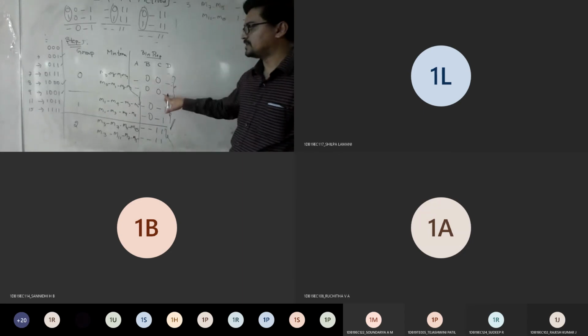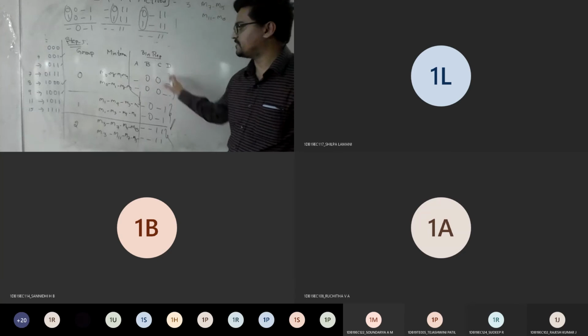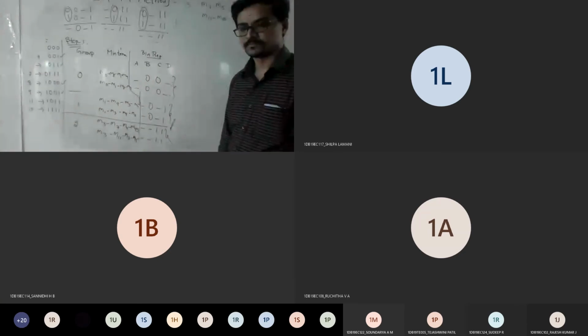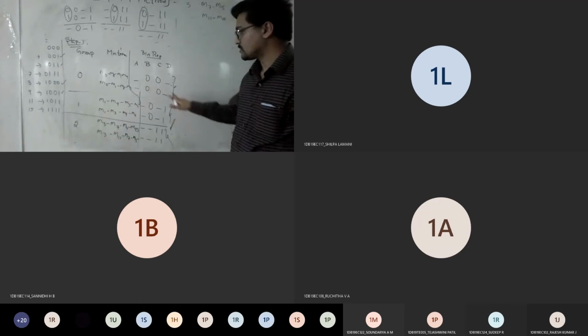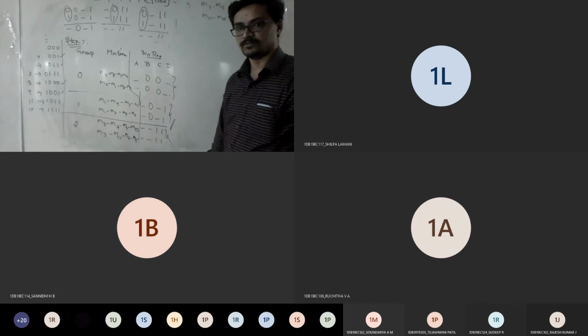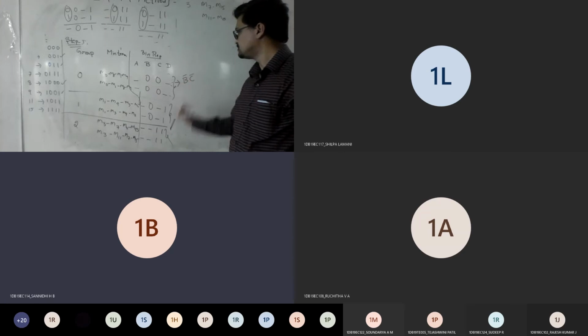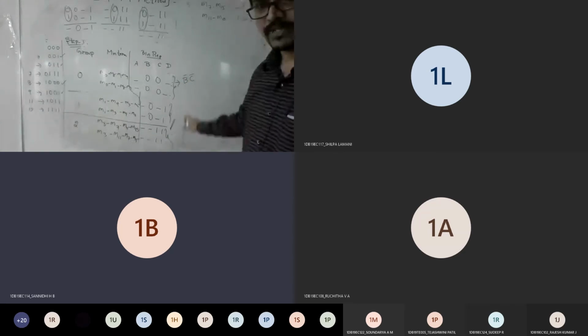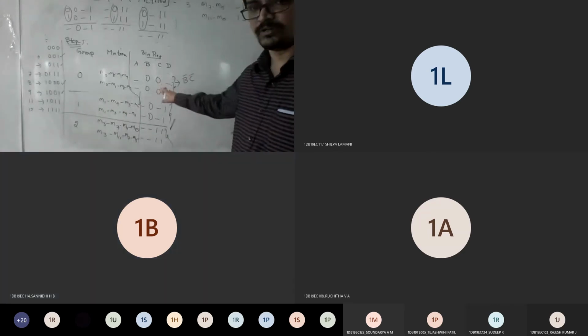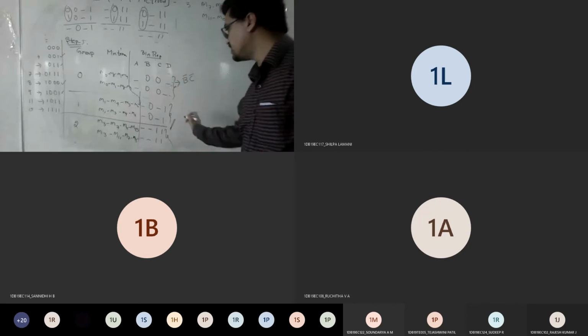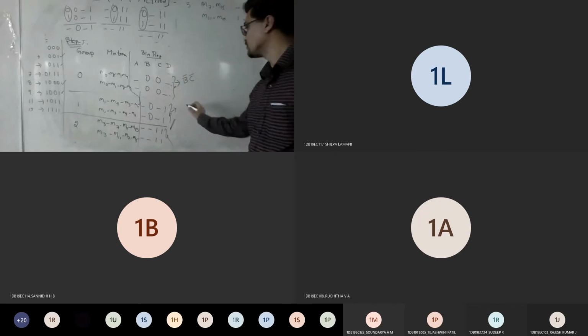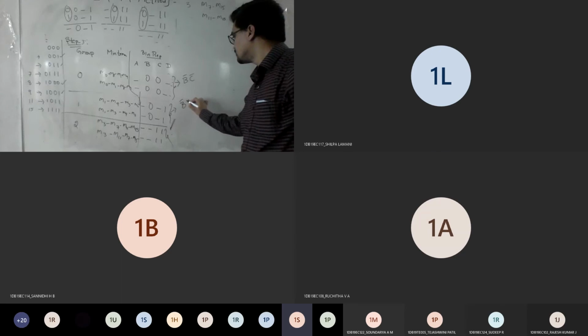Listen. If you look at these two, can you tell me what is the expression for this group? What does this 0 0 indicate? Is it B bar, C bar? Agree? So both are same, no? If you write one, it is enough. Similarly, these two? B bar D. Good.